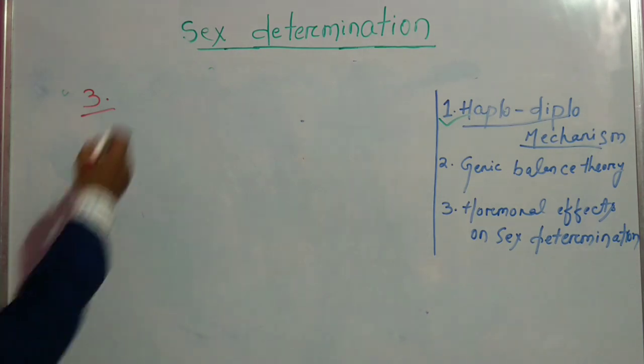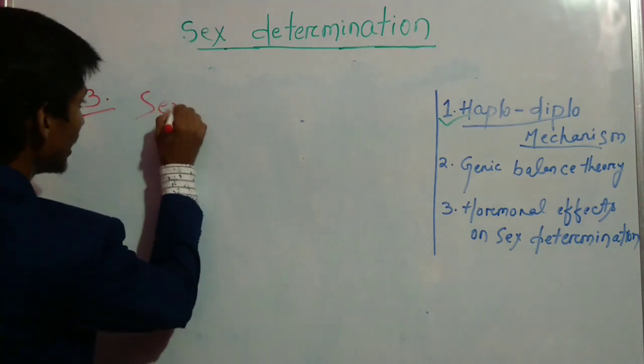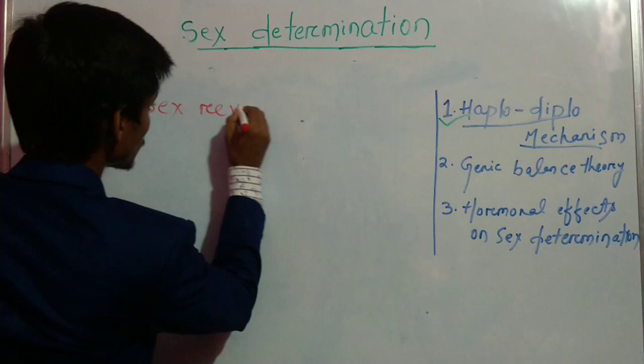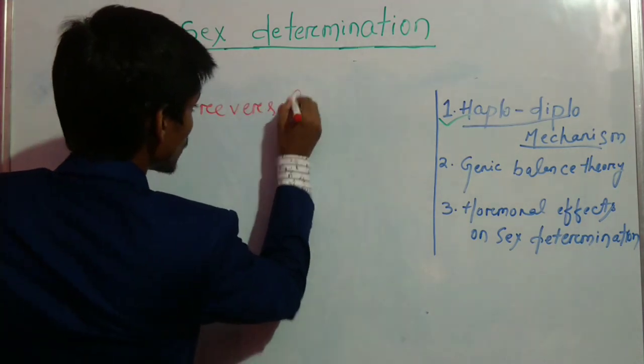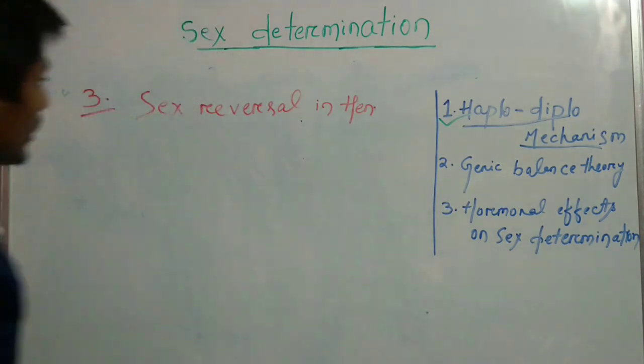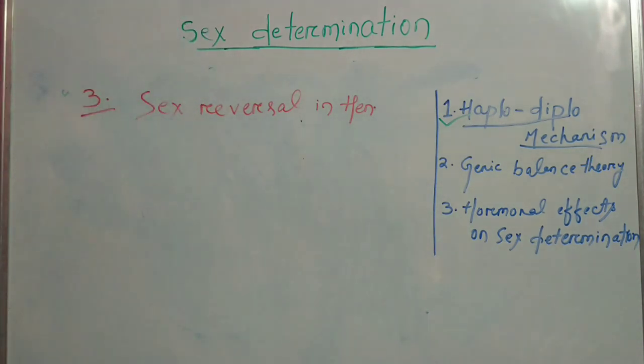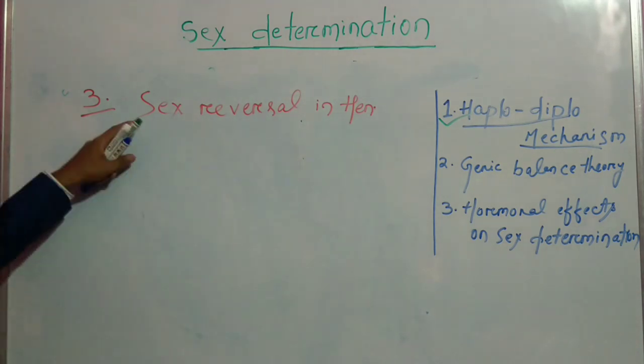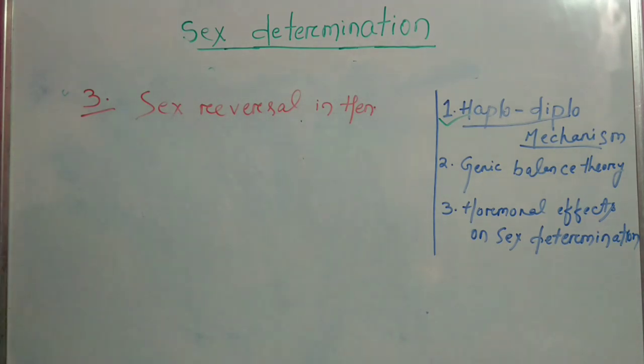So the first example is sex reversal in hen. This is a very beautiful story of sex reversal in hen, due to the effect of hormones. The scientist who noticed this mechanism was named Crew.